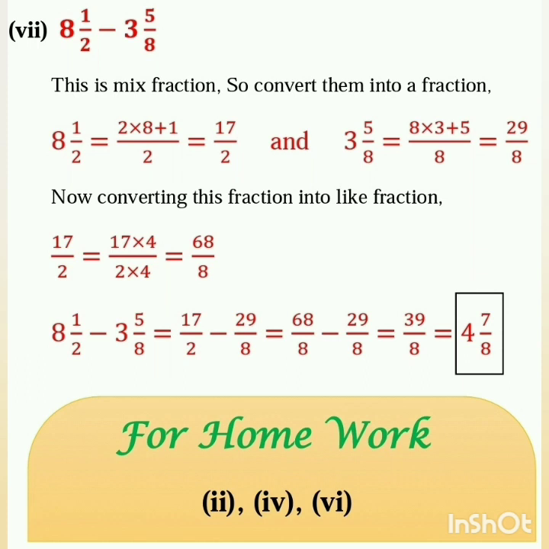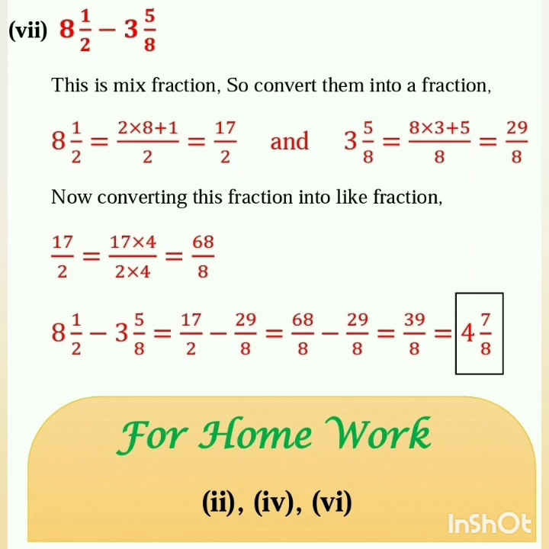Good. Now converting this fraction into a like fraction, so 17 upon 2 is equal to 17 into 4 upon 2 into 4, which is equal to 68 upon 8.